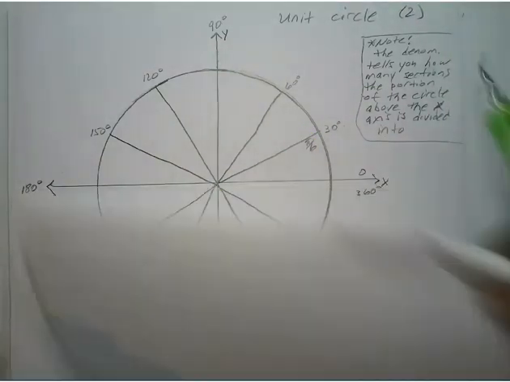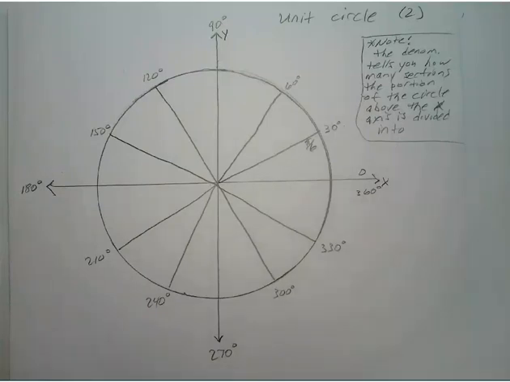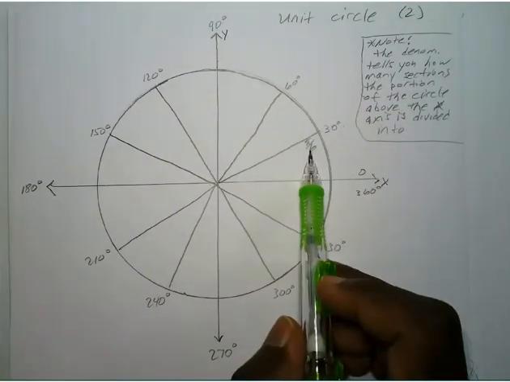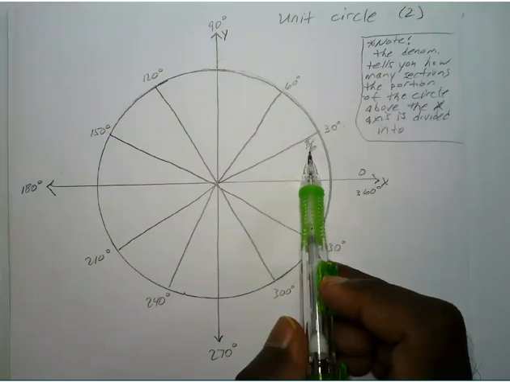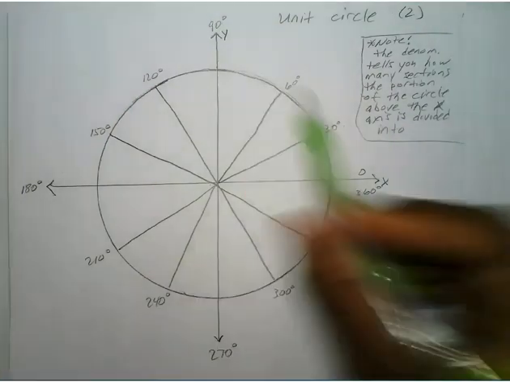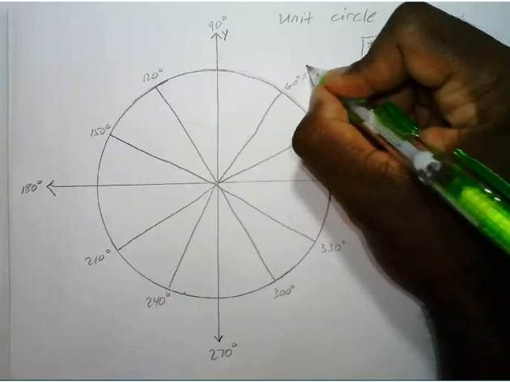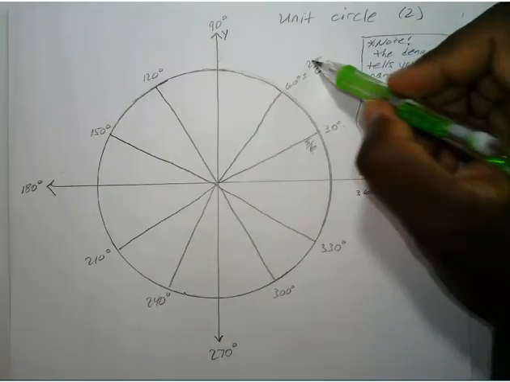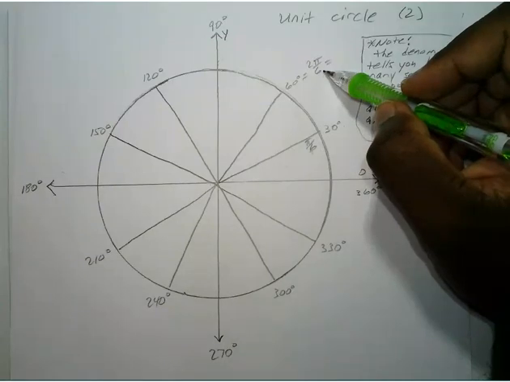I'll show you how doing that will help you get the unit circle. Alright, so we have pi over 6. Think about it this way, this is 1 pi over 6. Then going up another 30 degrees, this is 2 pi over 6, which once those two cancel out is pi over 3.